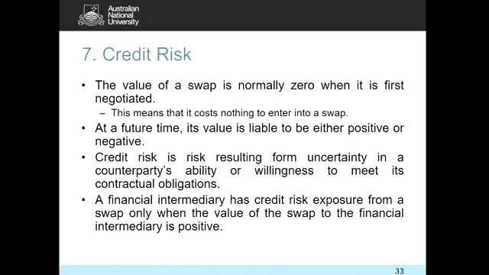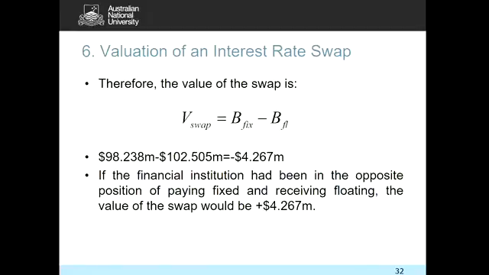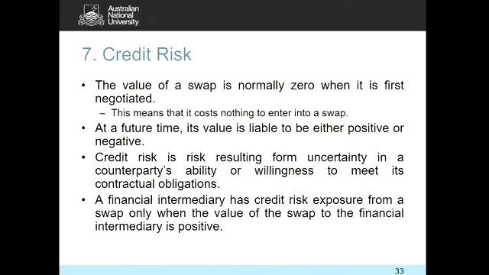So credit risk. When you first enter into a swap, there's kind of no credit risk because the value of the swap is zero. But as you go through time, the swap does accrue value to it. In this case, one party's better off by $4 million, the other party's worse off by $4 million. You're exposed to credit risk if the value of the swap is positive to you.